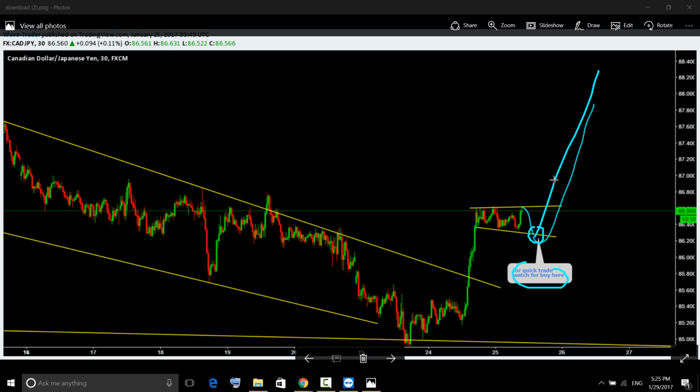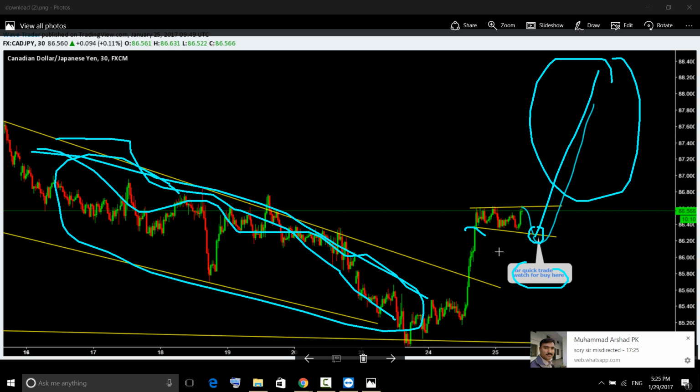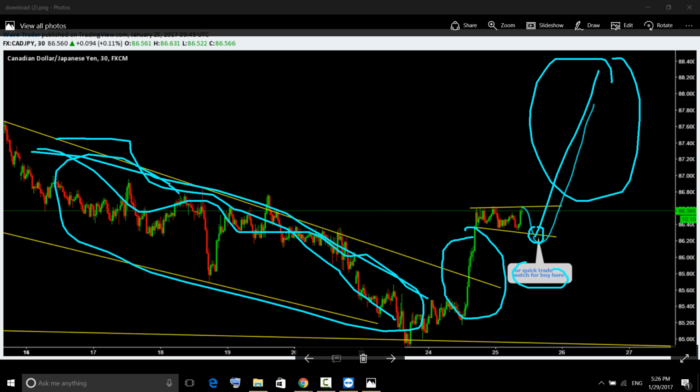So we got the next impulse to the upside. This idea was totally based on the previous move. This previous move was an aggressive move to the downside, and this is the place where price is giving us an indication that it is going to continue to the upside.